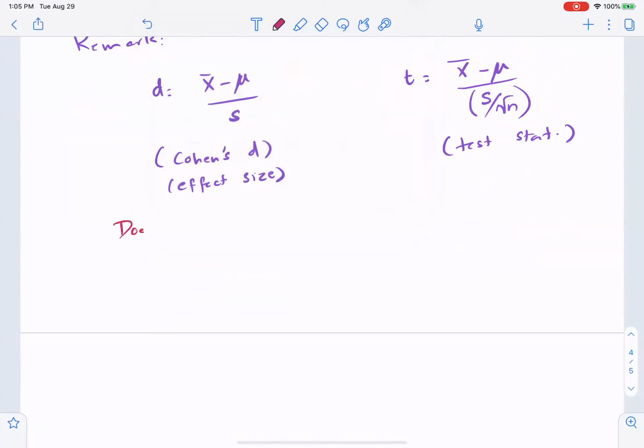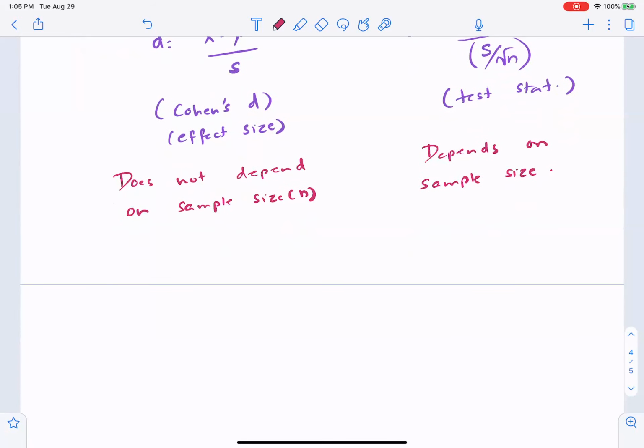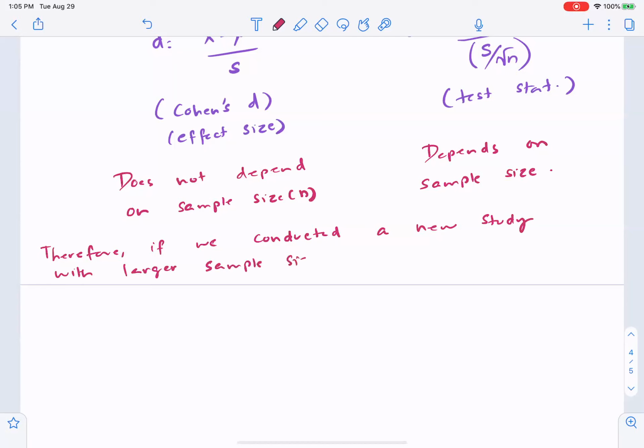So if you observe, effect size does not depend on sample size. Test statistic depends on sample size. So if sample size increases, in other words, we conducted a new study with a larger sample size, the effect size might end up being the same.